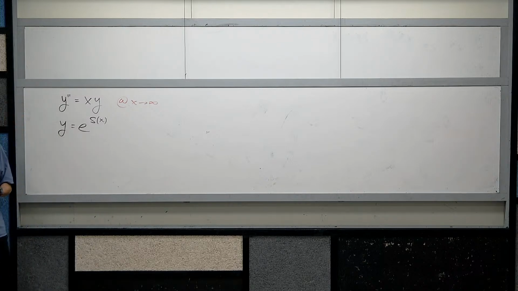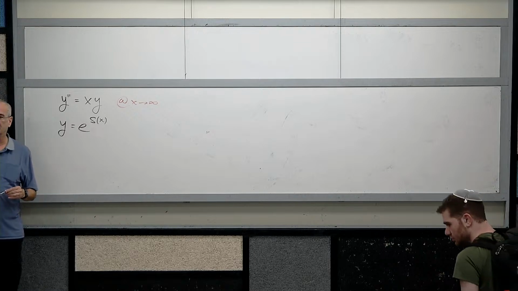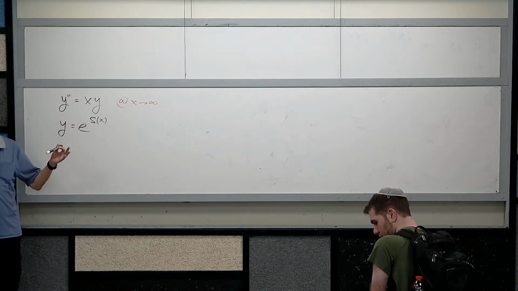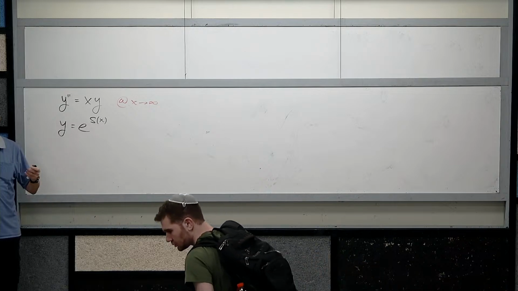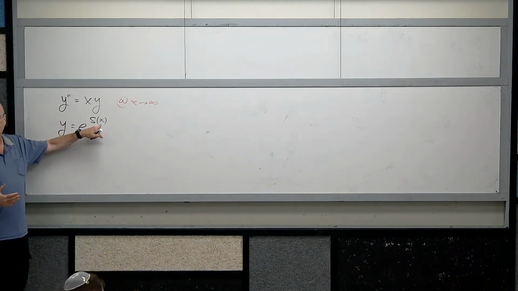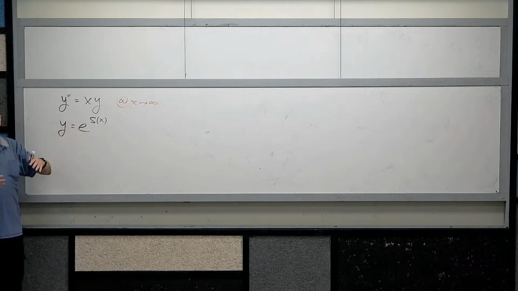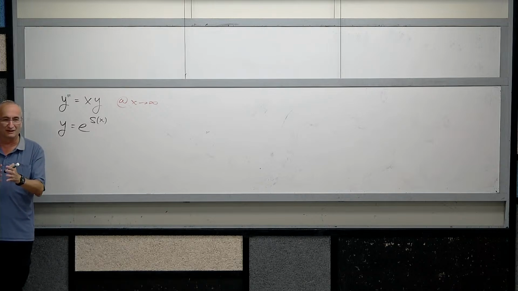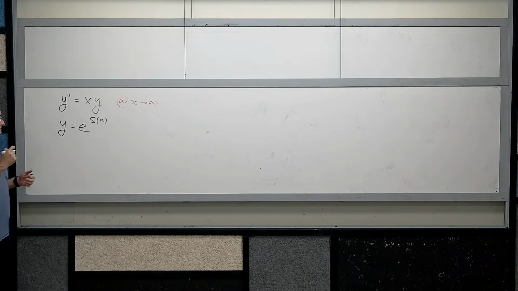We have the feeling that close to infinity, y is doing horrible things. So instead of studying y, we would like to study the logarithm of y, because maybe y is doing horrible things. Logarithm always makes horrible things less horrible, so we want to see what will be the answer.